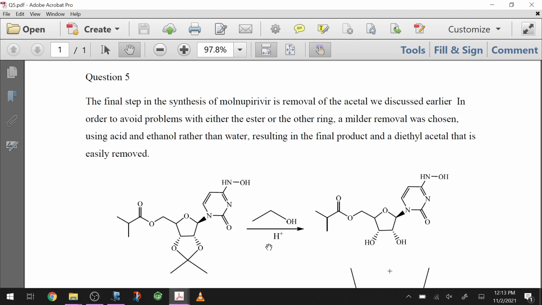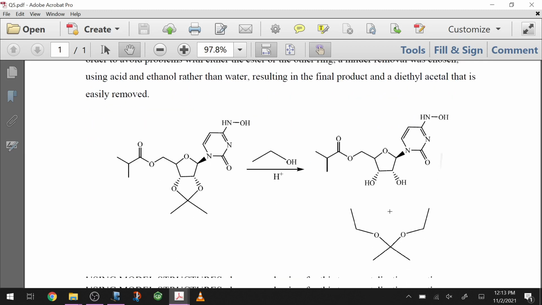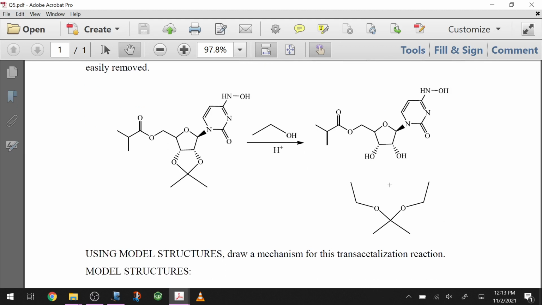So essentially that step, the side product from the acetal becomes a different acetal with two ethanol groups attached to it. So we're going to have the two oxygens from this ring displaced one at a time and replaced with the ethanol groups here to give us a different acetal. We don't really care about that, but in terms of the mechanism, it's an easy to remove byproduct, but mechanistically we still kind of need to account for it.